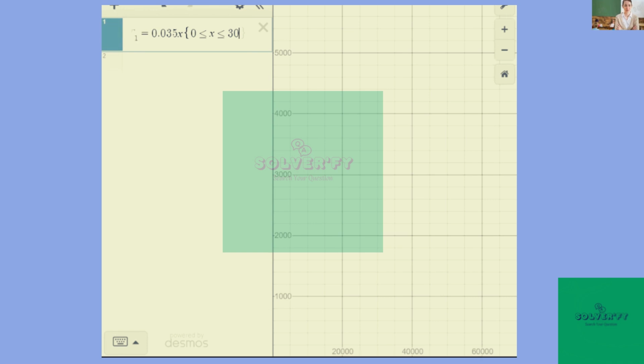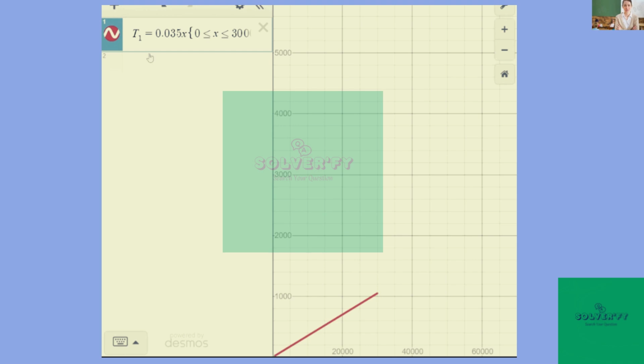Notice it cuts here. So for a couple whose taxable income is 30,000, they need to pay $1,050. Okay, great.